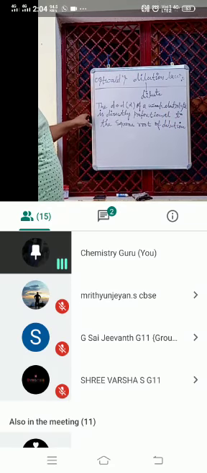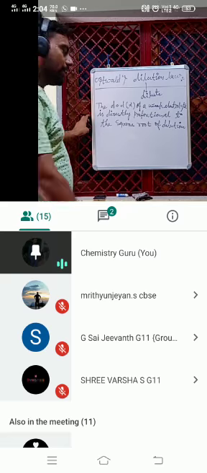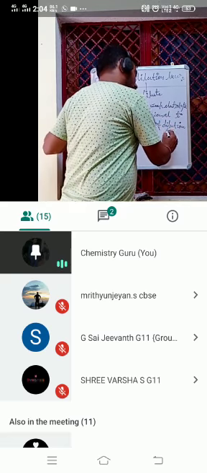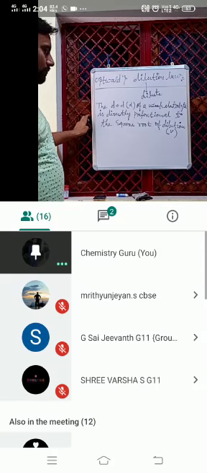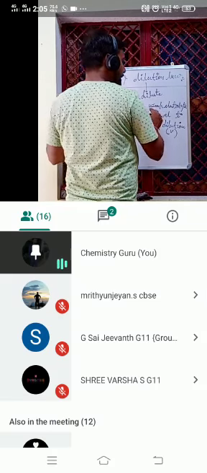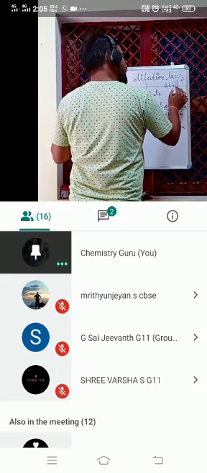What is written here? The degree of dissociation alpha of a weak electrolyte is directly proportional to the square root of dilution. Dilution is represented by V, and weak electrolyte means acid and base.